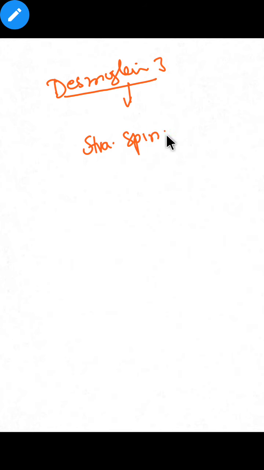As all of us know, stratum spinosum is a layer in the epidermis, right? So there is defect or loss of desmoglein 3 in stratum spinosum. It is a deeper layer in the epidermis, almost the second layer from below.